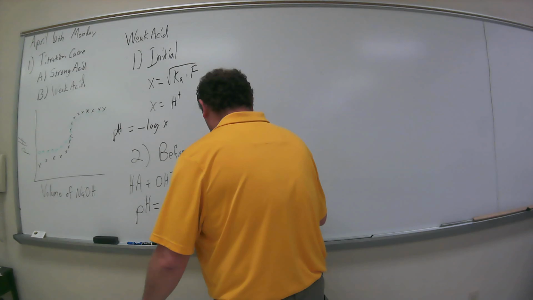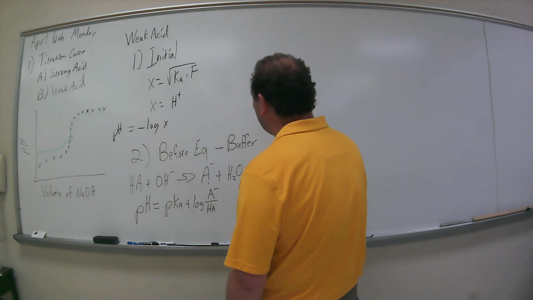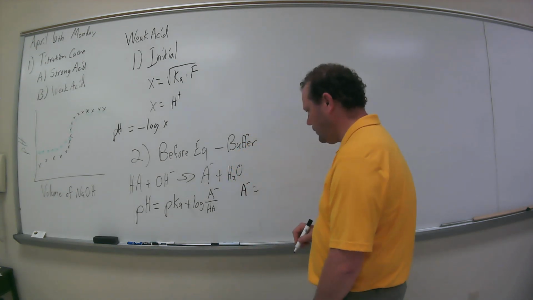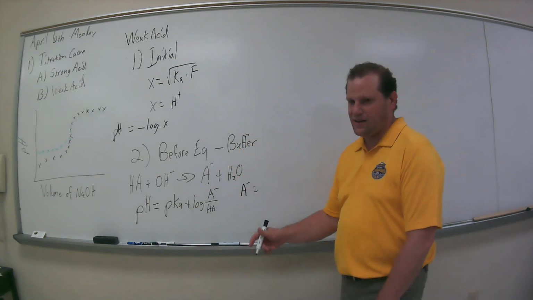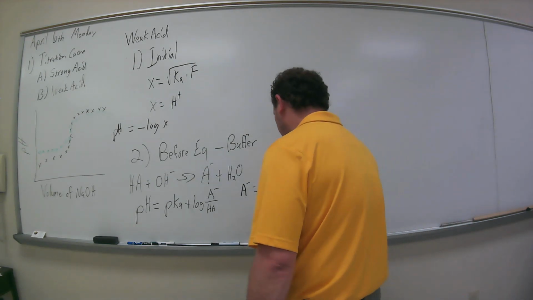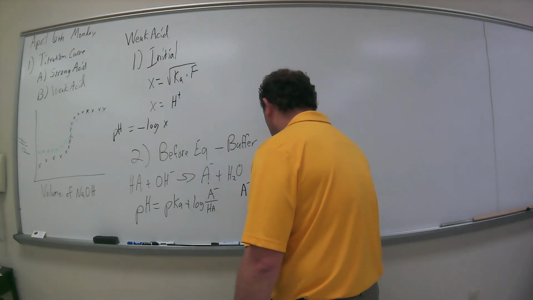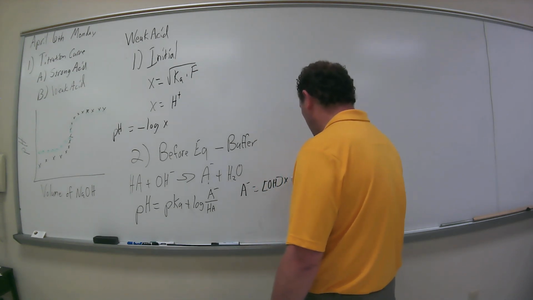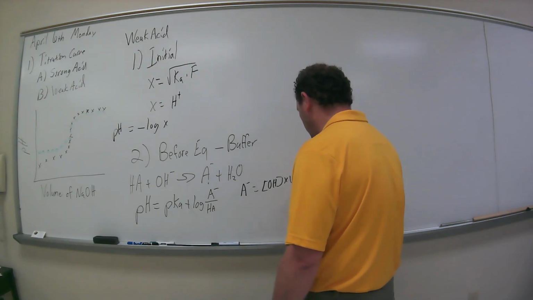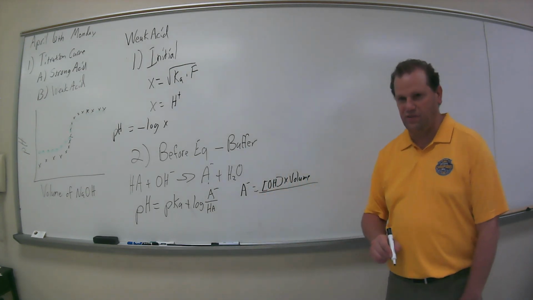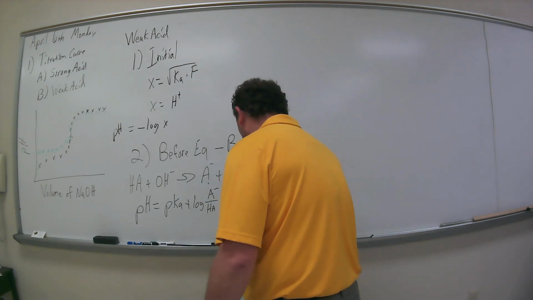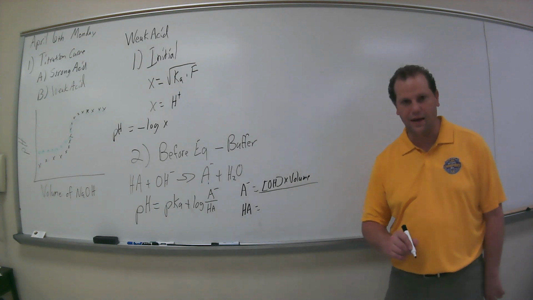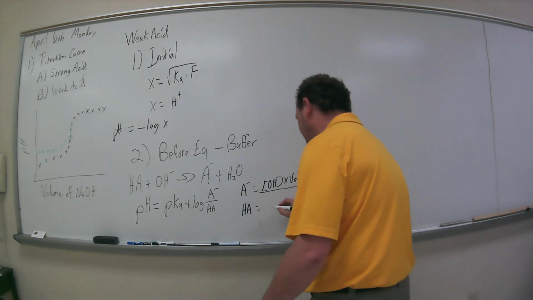So in order to do this, if you wanted to figure out what A is equal to, really A is going to be how much of the acid was neutralized. So take your concentration of your sodium hydroxide times the volume you used. That will get you your number of moles. If you want to find out how much of your acid is still left over, we have to start with how many moles of the acid we had to start with.